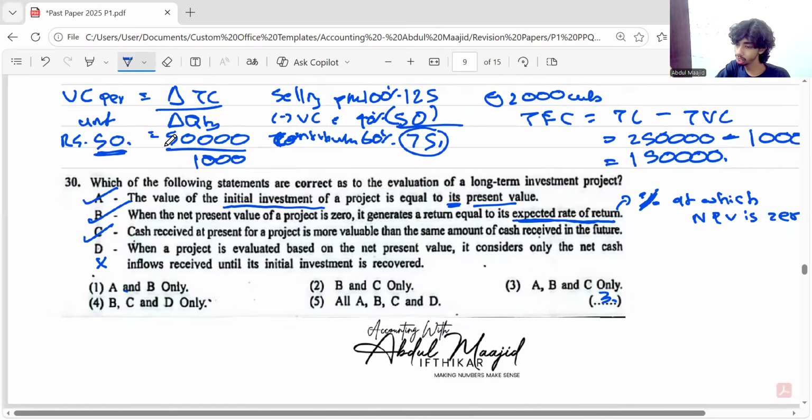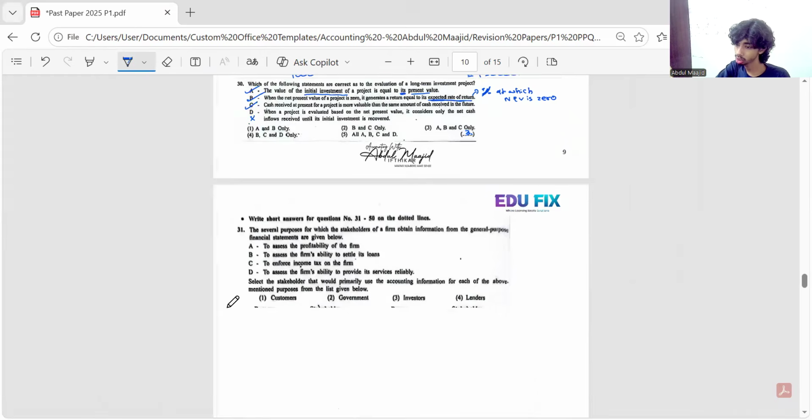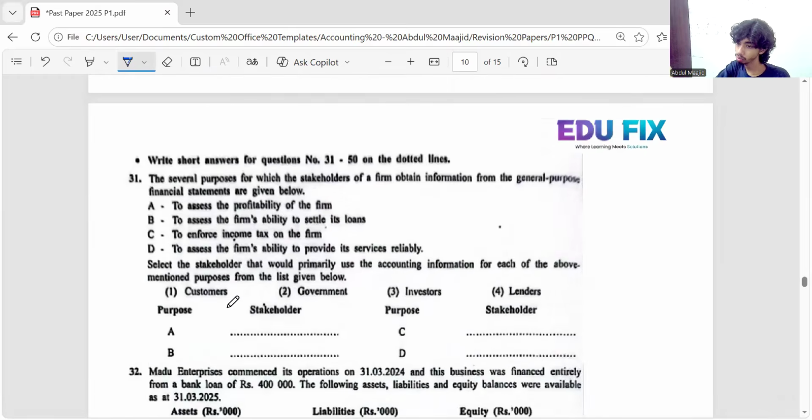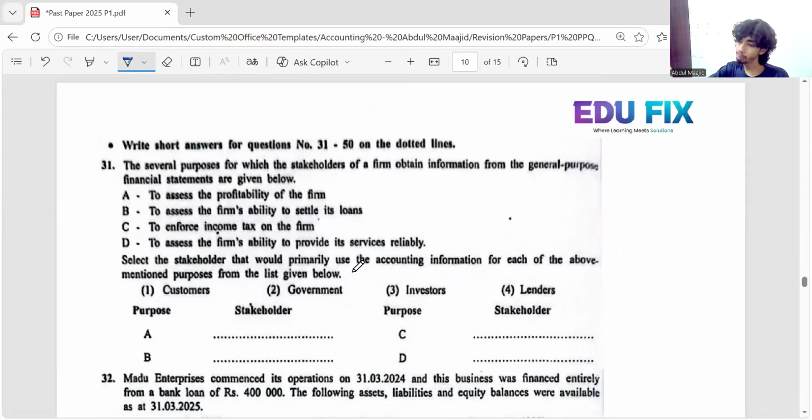So now MCQs are done. Moving on to the short answer question. The several purposes for which the stakeholders of a firm obtain information from the general purpose financial statement are given below. A, to assess the profitability of the firm.